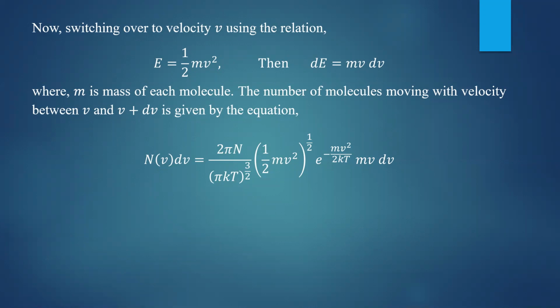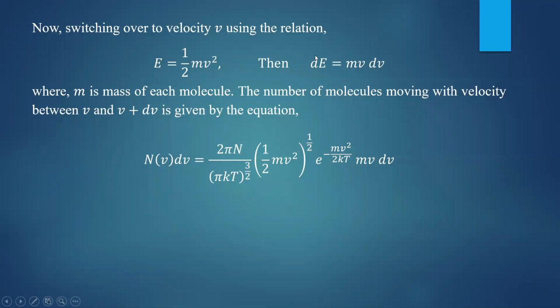So then what will be the dE value? E equal to half mv square is the energy equation. Then what will be the derivative of E? We need the dE term. So dE will be mv into dv. If you differentiate this equation, on the left hand side with respect to E and on the right hand side with respect to v, this will be half into m into 2v, since the derivative of v square is 2v into dv.